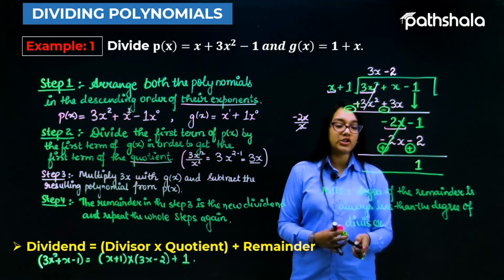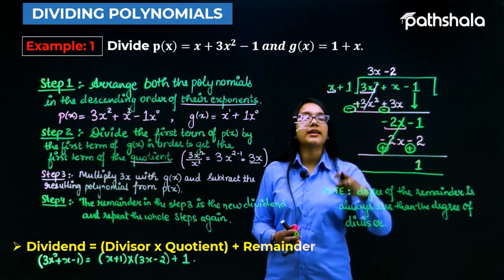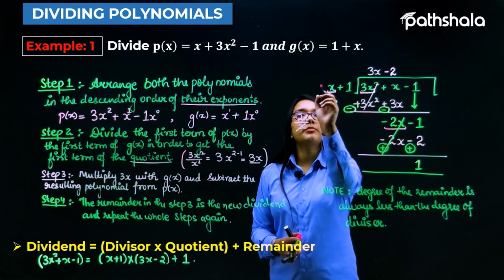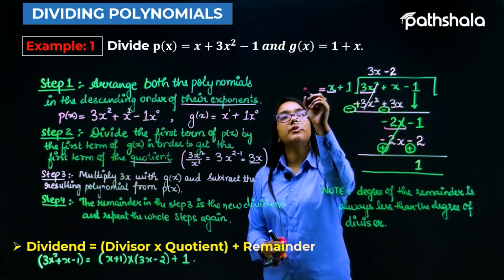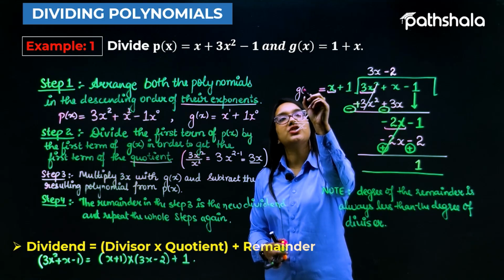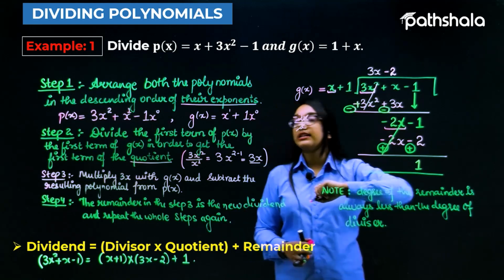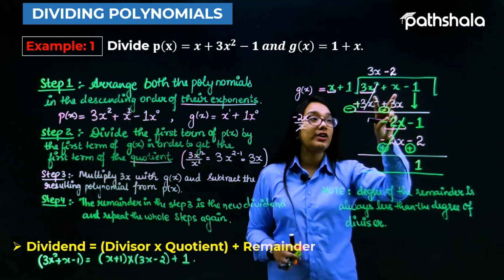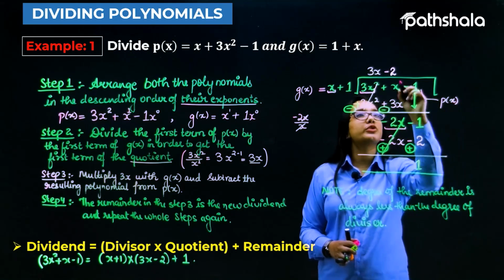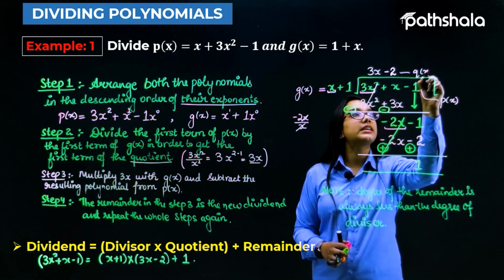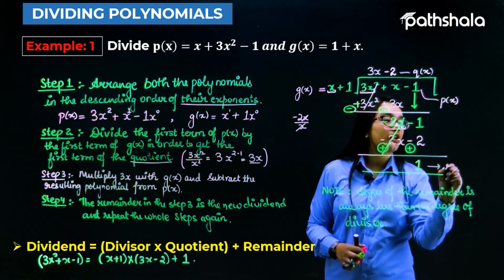So let us suppose in general, this representation was called g of x, and this representation was called p of x. Let us suppose I am calling the quotient q of x, and I am calling the remainder r of x.